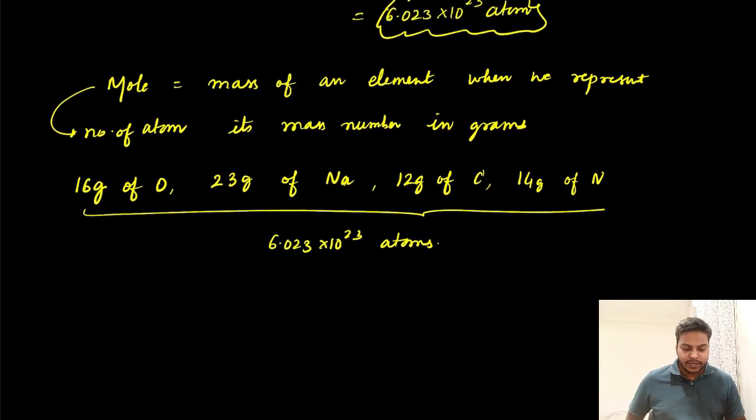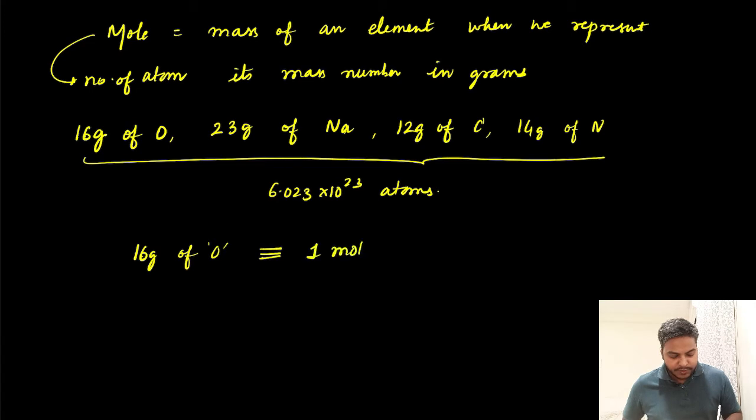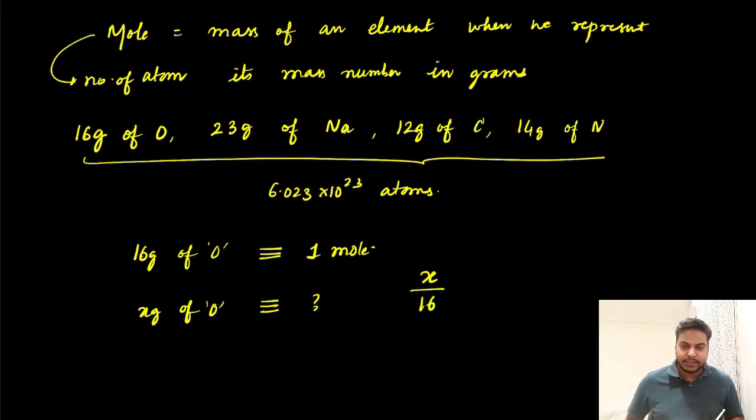So think in this way, this is the mass. Now we know that if 16 grams of oxygen is representing 1 mole, and if you have x grams of oxygen, how many moles does that represent? It would be x by 16, correct?